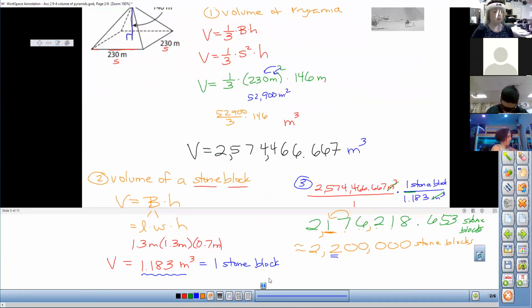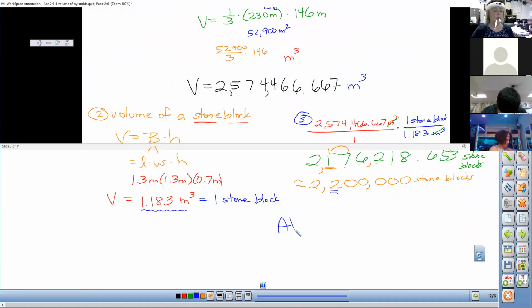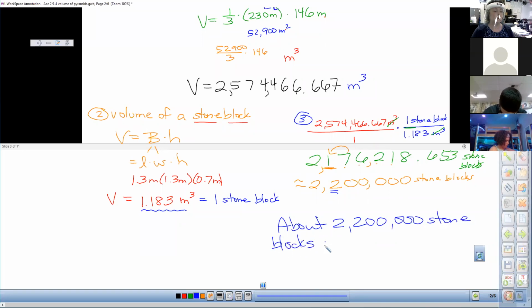So it can be pretty simple. You can say about 2,200,000 stone blocks were used to build the pyramid. That is a lot.